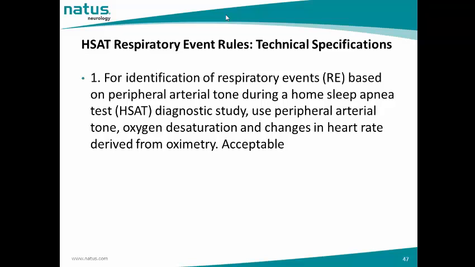So for identification of respiratory events based on peripheral arterial tone during a home sleep apnea test, use peripheral arterial tone, oxygen saturation, and changes in heart rate derived from oximetry.